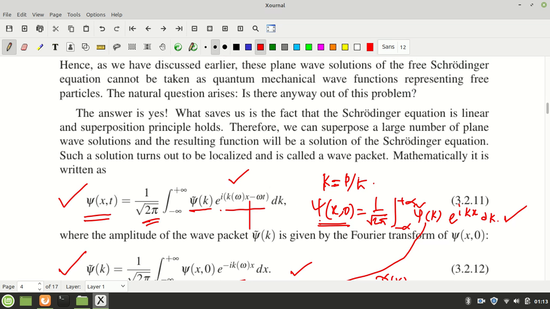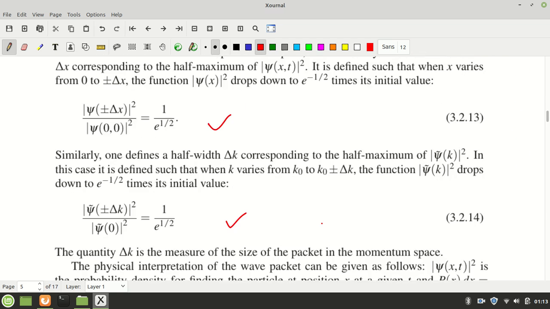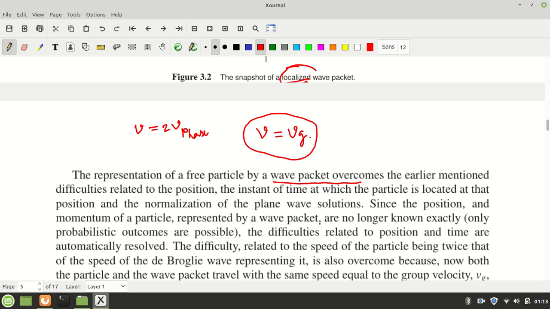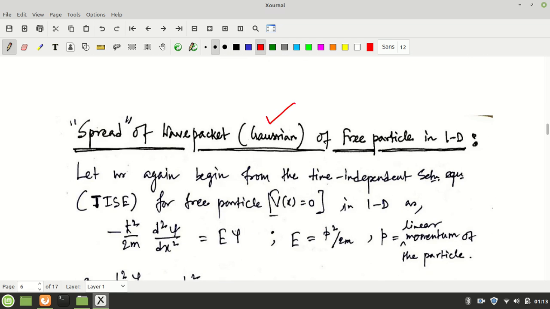The shape of the wave packet was very general in our discussion, but as a special case we can think about the Gaussian wave packet, and for the Gaussian wave packet how the uncertainty principle holds, and what is the spread of the wave packet, that is how the wave packet changes its shape and position with respect to time, we will discuss in our next class.